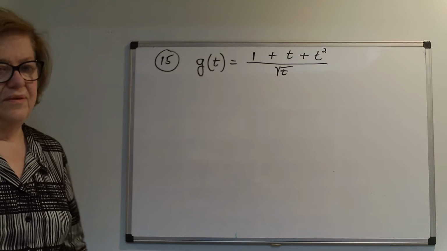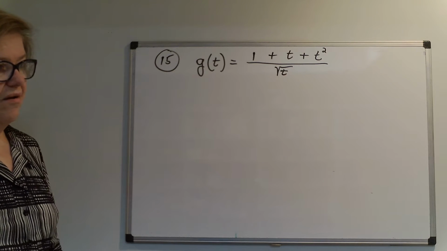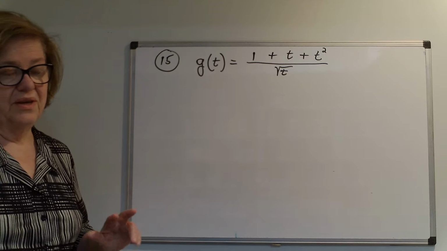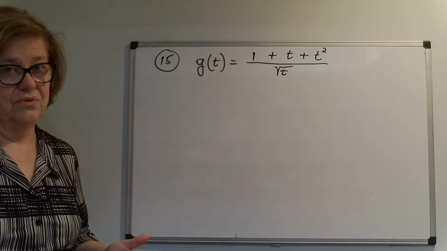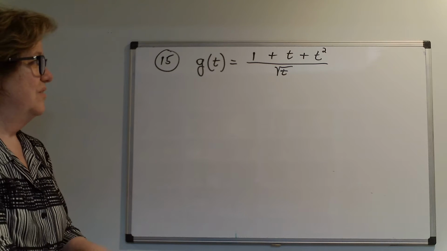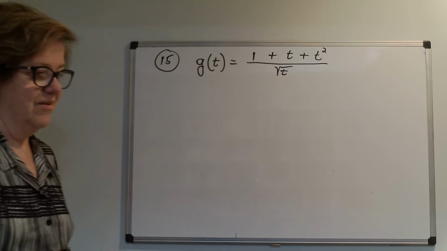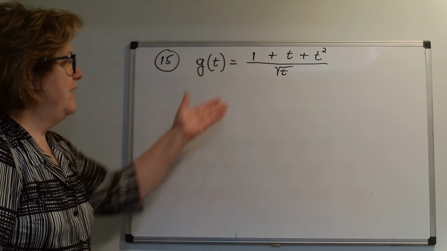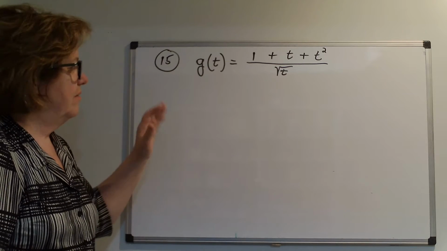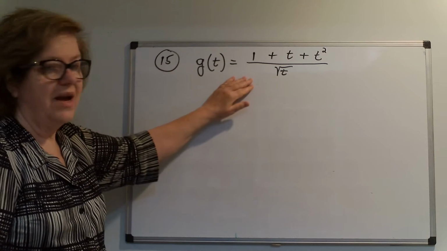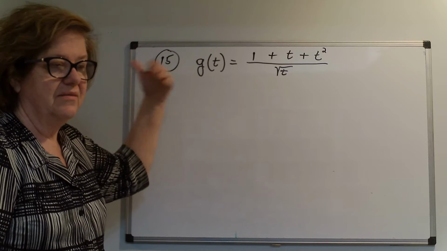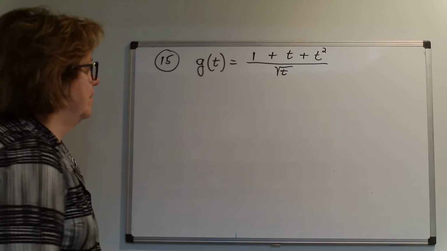At this point we're not going to try to invert the quotient rule. So don't look for that right now. What we need to do is rewrite this in a form that we can take the antiderivative of.